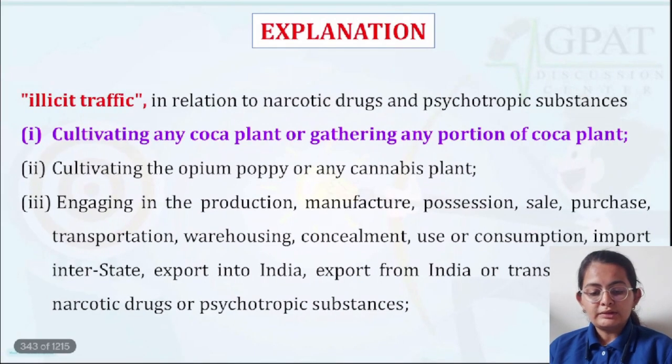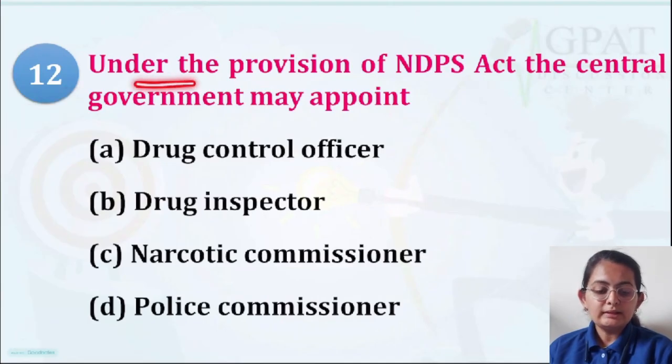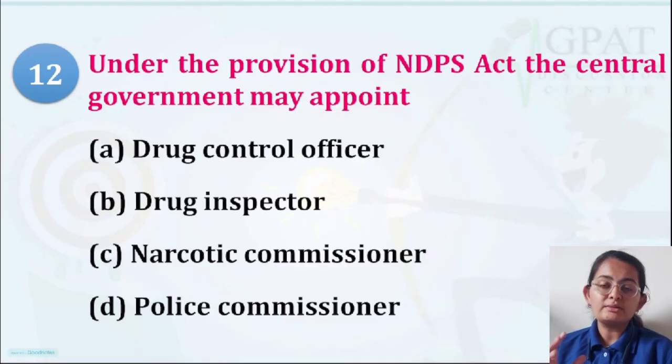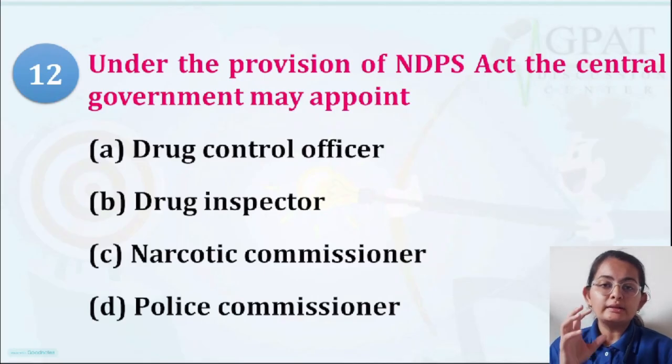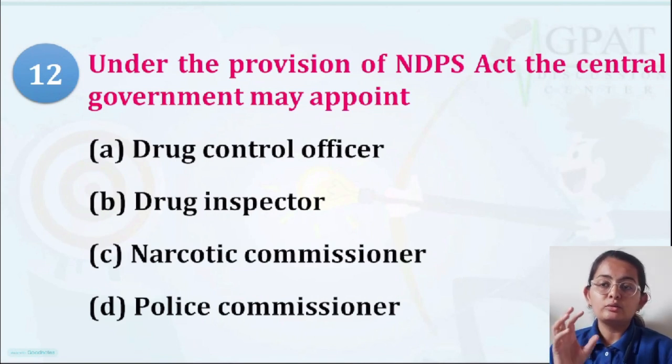particular thing. Question number 12, it is talking about the provision of NDPS Act, the central government may appoint whom? Drug controller officer, drug inspector, narcotic commissioner or police commissioner. You must be knowing that if there is a law, then there must be somebody who can look after it, or who can supervise whether everybody is following that law or not and whether any culprit is breaching this particular law.